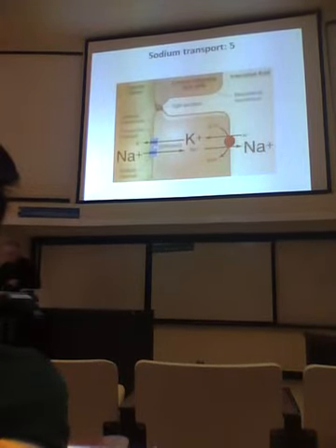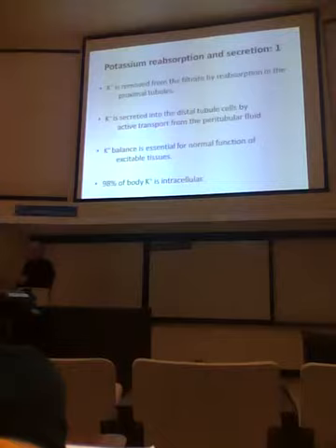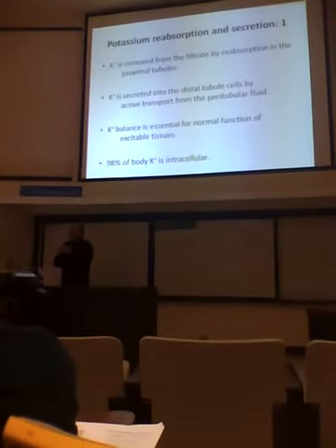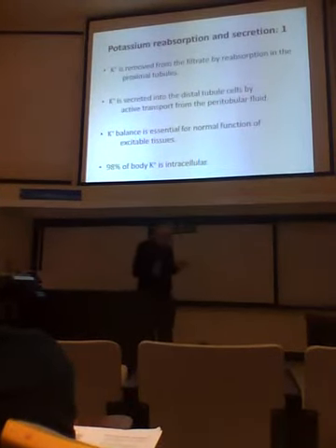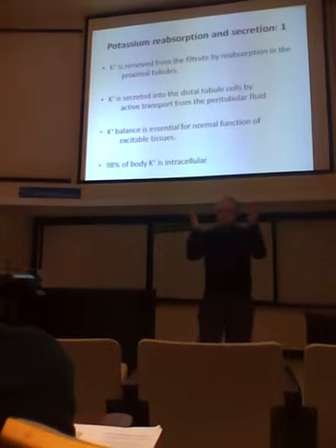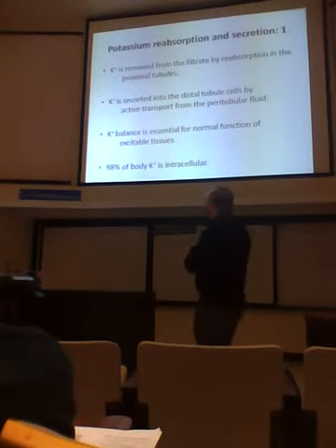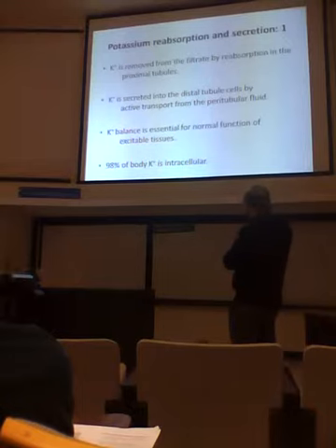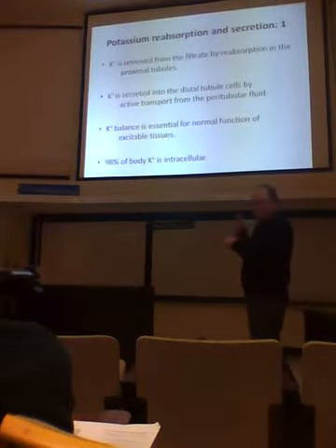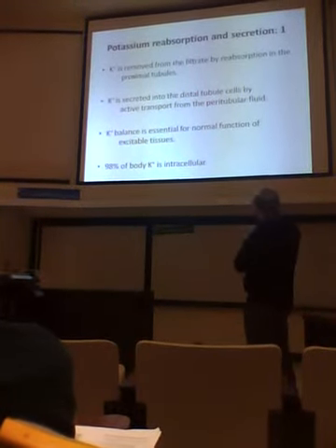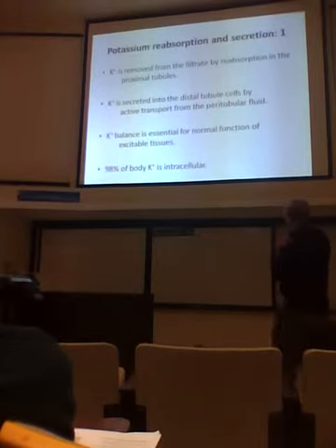So potassium is more complicated. Here it is. It's removed from the filtrate by reabsorption in the proximal tubules. Think proximal tubules, think reabsorption. But it's secreted into the distal tubule. See, this is distal tubule and collecting duct by active transport from the peritubular fluid.